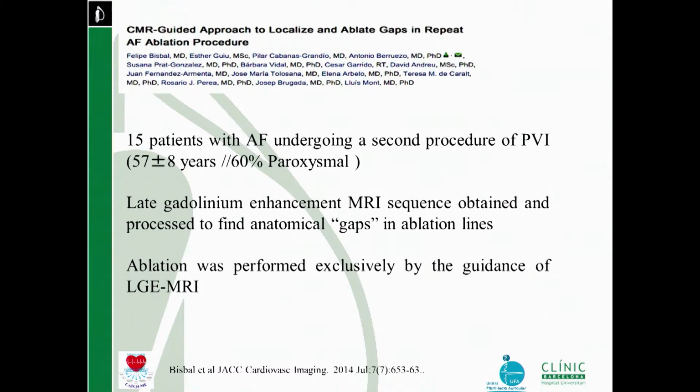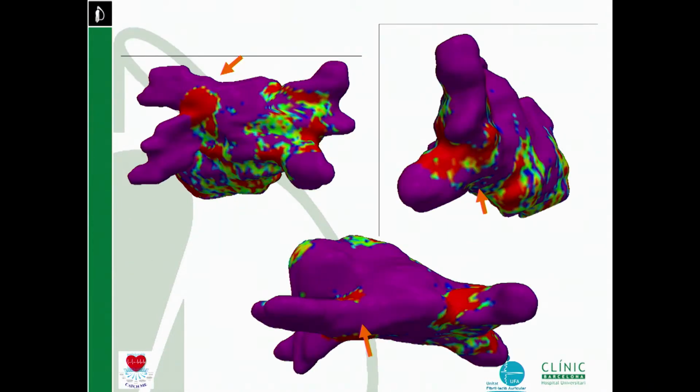One study that we performed a couple of years ago was to try to guide the re-ablation, because we are convinced that the MRI is helpful for seeing the lesions we have created. This study was performed in 15 patients, but nowadays we are using it systematically as another tool when we remap our patients.